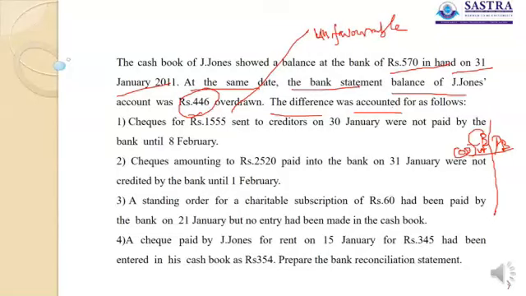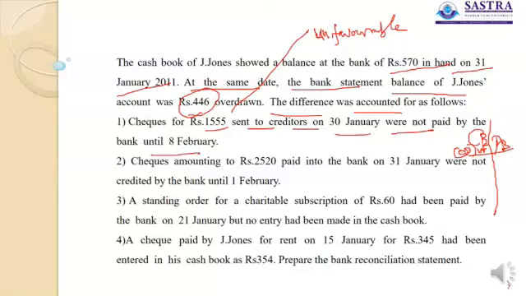The difference was accounted for as follows. Checks for rupees 1555 sent to creditors, might have been paid and entered as payment on 30th January, were not paid by the bank until 8th February.